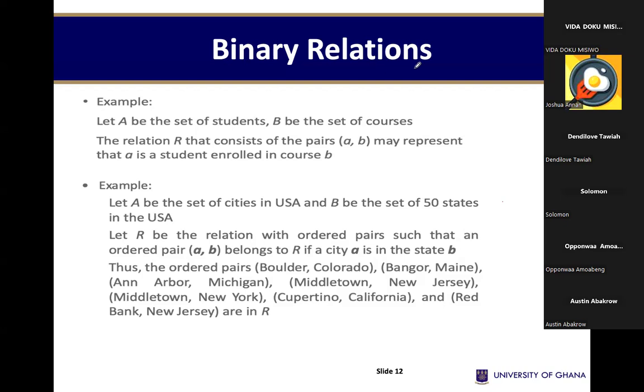So the relation R that consists of the pairs (a, b) may represent that a is a student enrolled in a particular course. If I pick a random name on the course right now, I can see a name like Abdul Malik. Abdul Malik is enrolled in the course DCIT105, which is maths for IT professionals. Again, you can also do it.